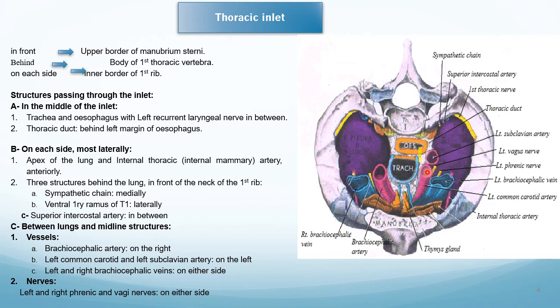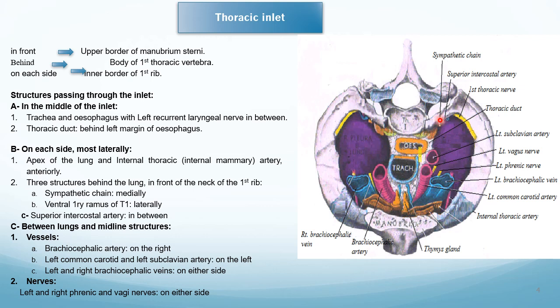Great vessels here on the left side: left common carotid artery, left subclavian artery, left brachiocephalic vein, and two nerves, left phrenic and left vagus. On the right side, brachiocephalic artery, right brachiocephalic vein, and the vagus and phrenic nerves.